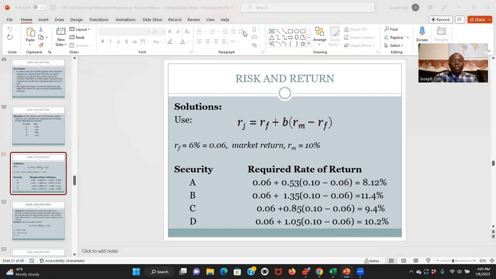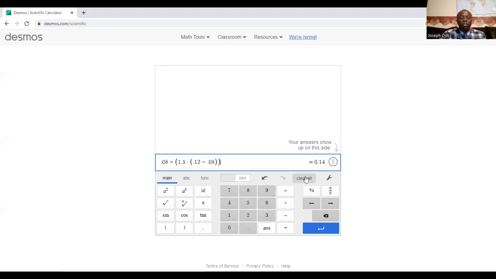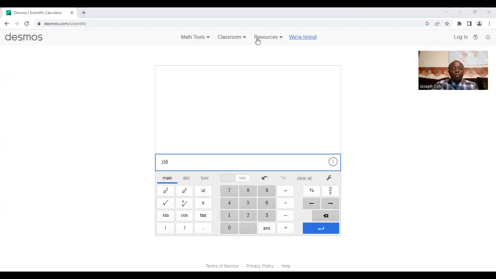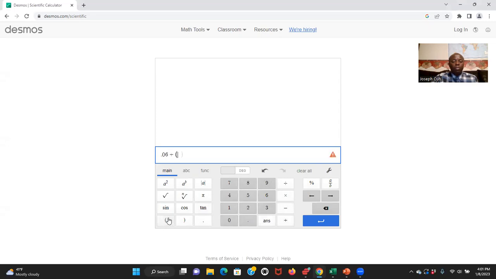It's going to be 0.06, plus 0.53, times 0.10 minus 0.06. I see 0.0812. That is 8.12%.